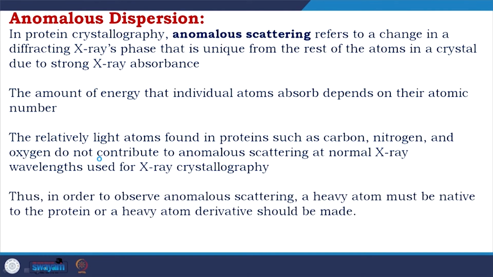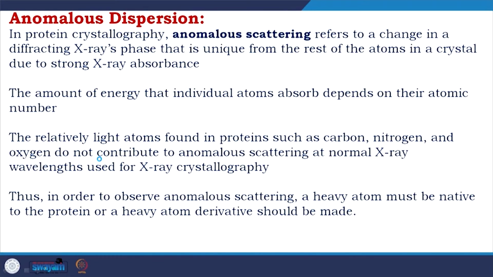Thus, in order to observe anomalous scattering, a heavy atom must be native to the protein or a heavy atom derivative should be made. So, first of all, understand that anomalous dispersion, anomalous scattering, is an effect due to strong X-ray absorbance, and it does not affect carbon, nitrogen, oxygen.